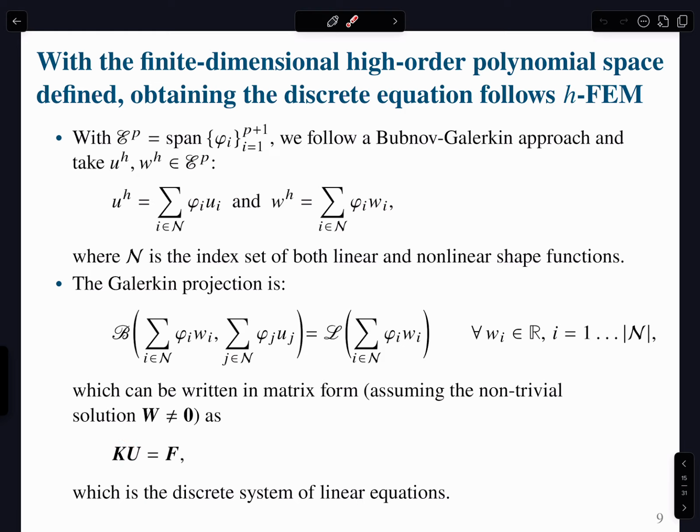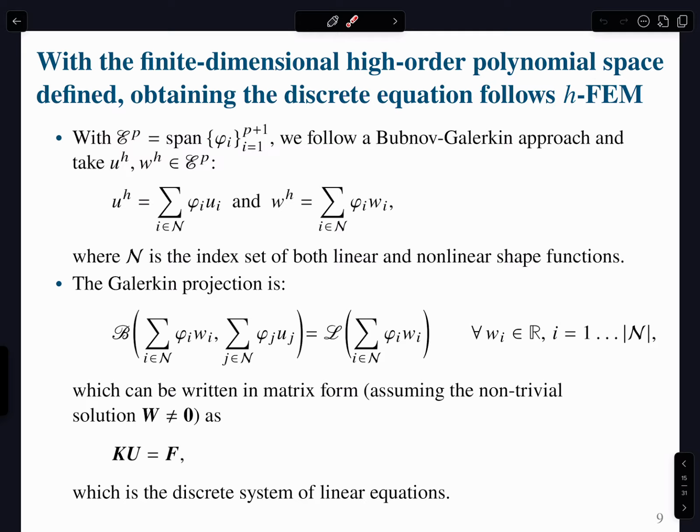In the top left part of your matrix, you have everything related to the linear part, then a layer related to the quadratic, then cubic, then quartic, and so on. So you can do this.